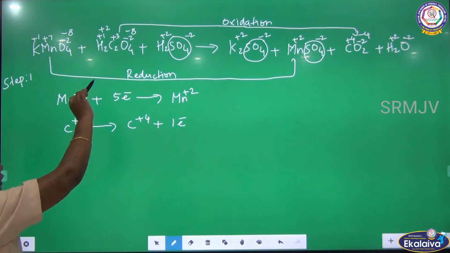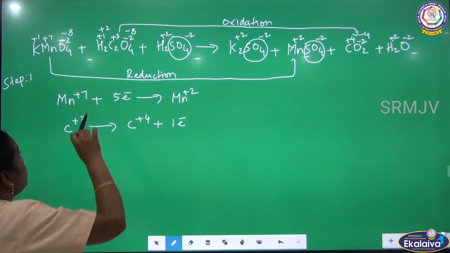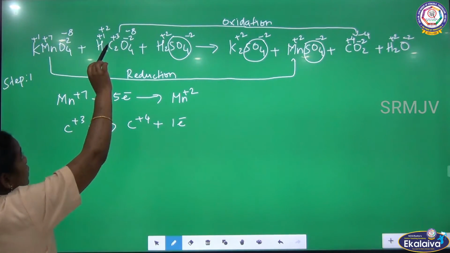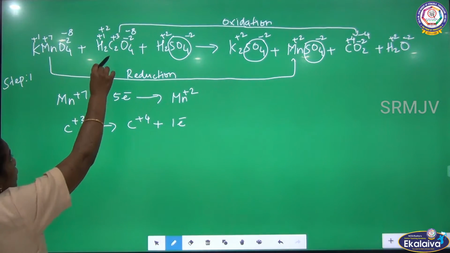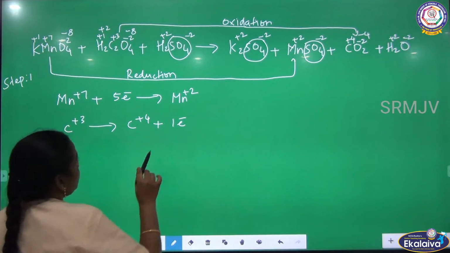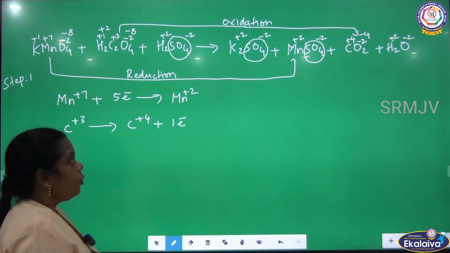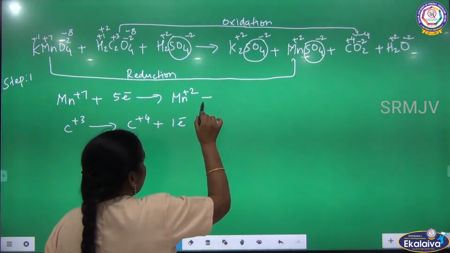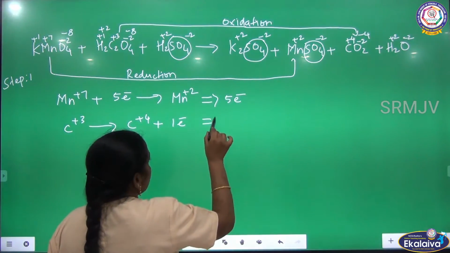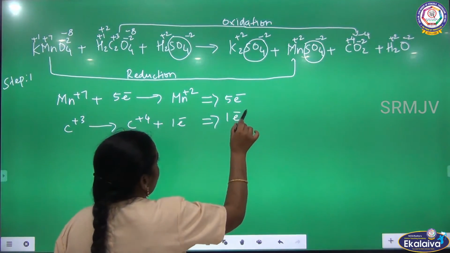Now listen, one change here, one correction. So minus 8 subtracted by plus 2 means minus 6. Minus 6 divided by 2, plus 3 only. So 1 electron. So how many electrons are involved here? 5 electrons, and here 1 electron.